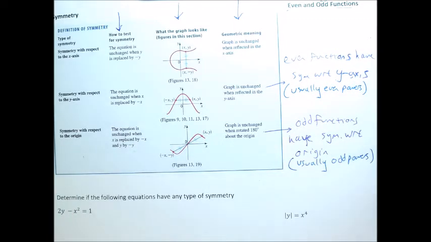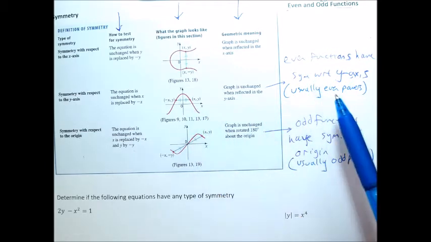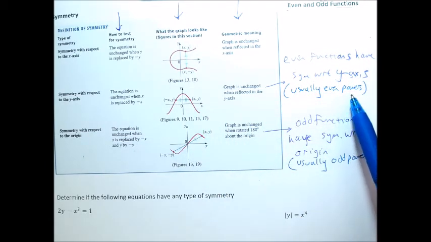All odd functions have odd powers, but all odd powers don't necessarily mean odd functions. That's what I'm trying to say. And same thing with even. If we have an even function, it will have even powers, but just because we have an even power doesn't mean we have an even function.